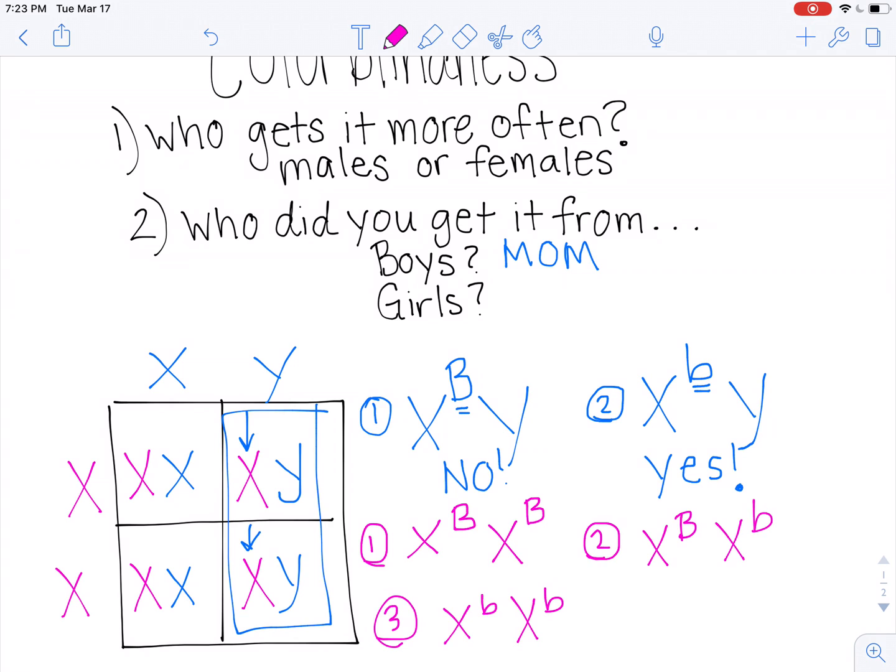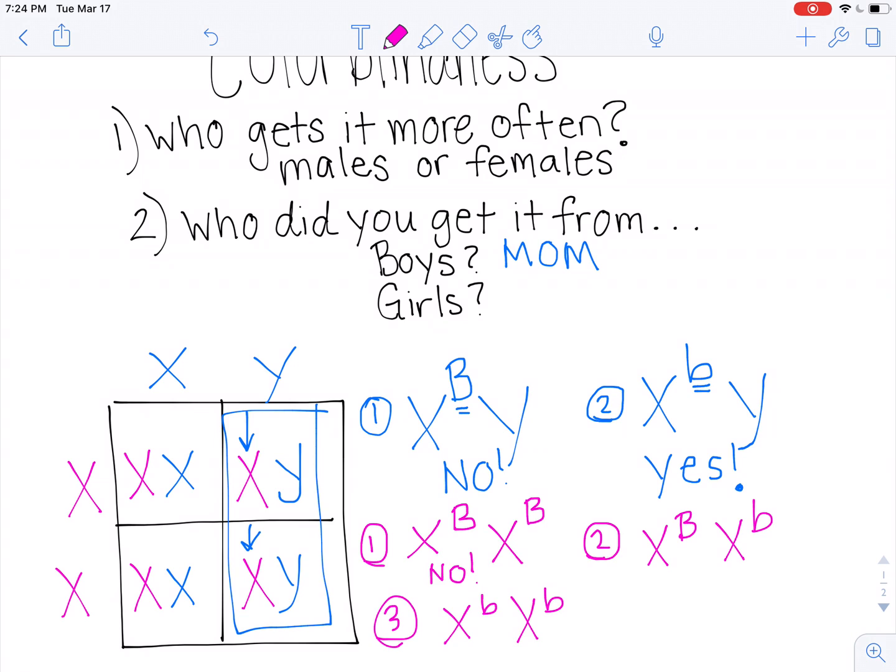The first girl has 2 capital B's, showing 2 dominant forms of the trait. She would not be colorblind because we said colorblindness is recessive. Girl number 2 has a dominant form, with a capital B, and a recessive allele with a lowercase b.